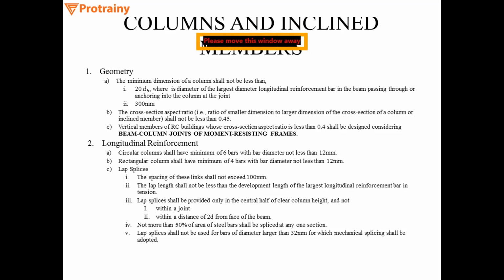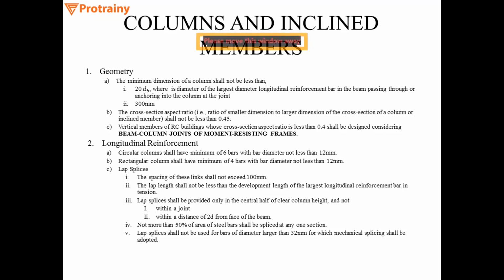So there should not be any leniency while designing or casting a column. Another point is the lap length should not be less than the development length of the largest longitudinal bar in tension, as this same point is also in the beam.